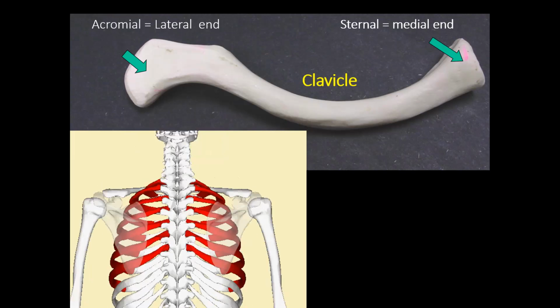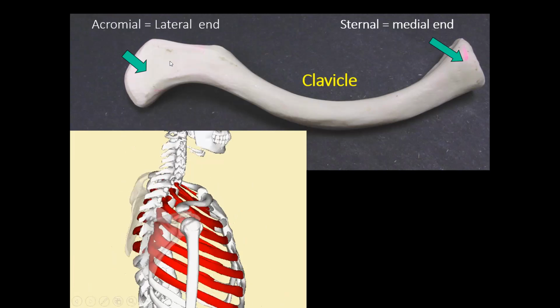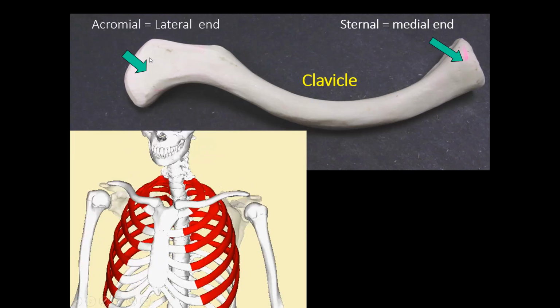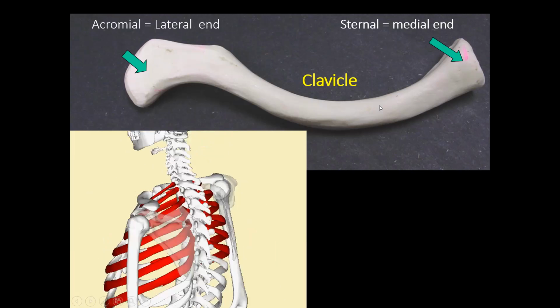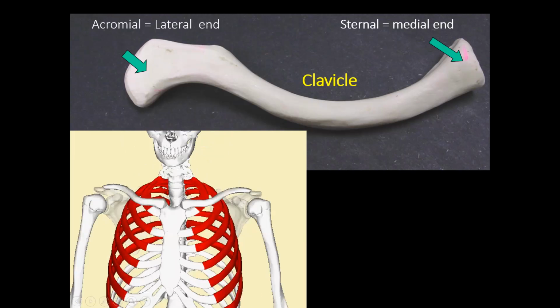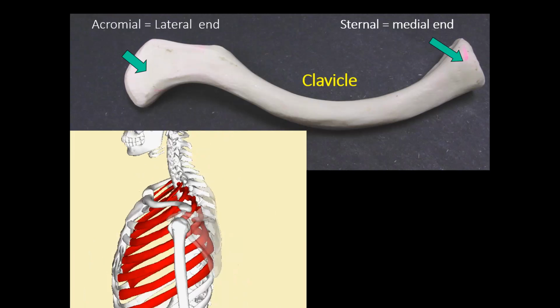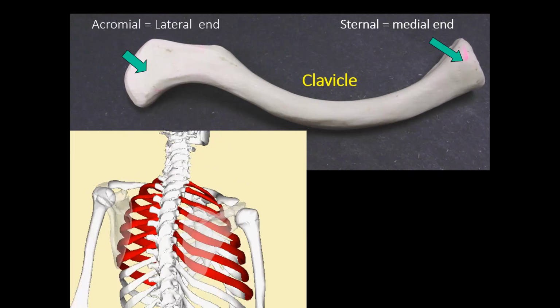The clavicle has a flat end and a thick end. The flat end is called the acromial end. It's on the lateral side. So if we were looking at this clavicle, we would say the flat side is the lateral side, the sternal side is the medial side.